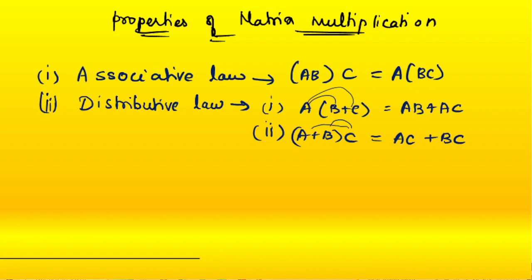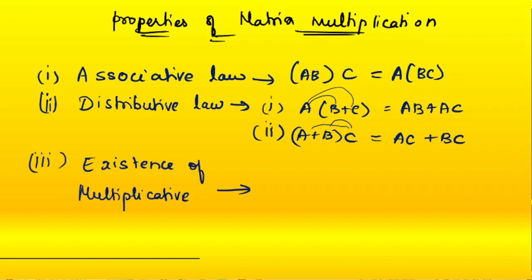And the third one is going to be the existence of multiplicative identity. Here, whenever you consider the matrix A, it is going to have the identity matrix with it. That means IA will be equal to AI.